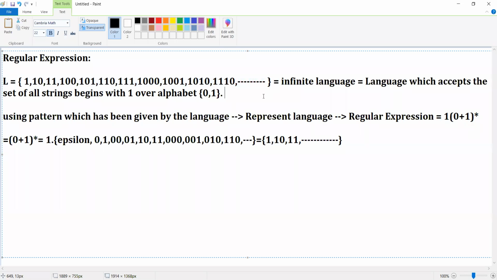Now, instead of representing the language accepted by some DFA or NFA or NFA epsilon in the form of a set, we are going to represent the same language in the form of an expression. That expression itself we call a regular expression.